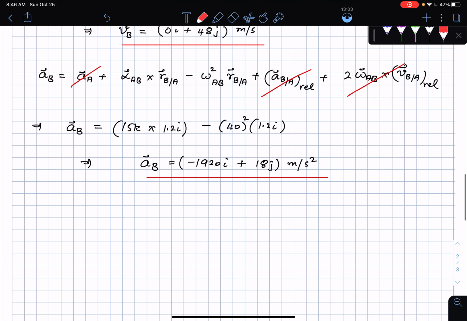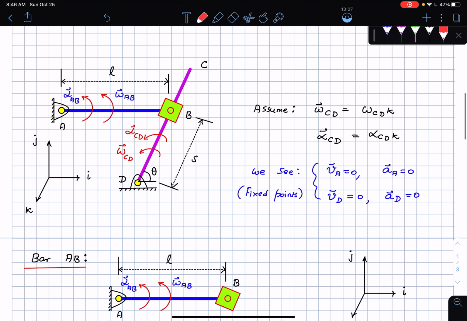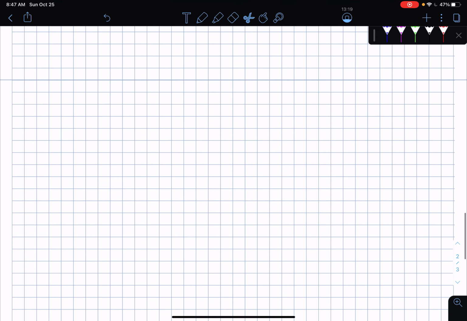Now I'm going to come to the bar where there is relative motion taking place. So let me grab that bar, that is this guy here. I'm going to bring all of those things, and my hope is I have captured all of it. Next I come to the bar CD.